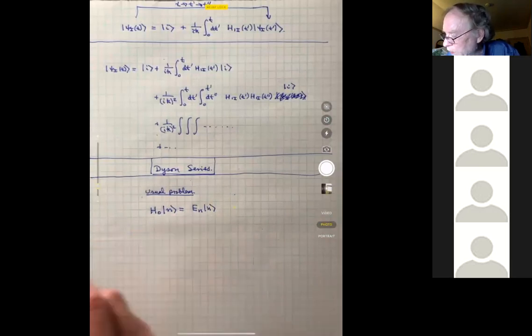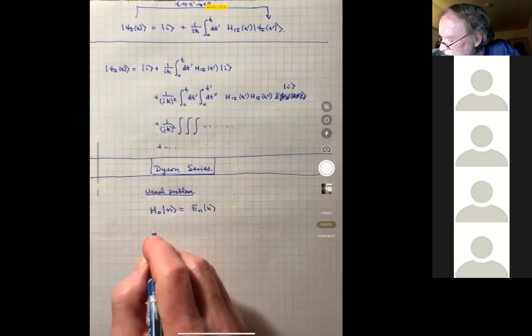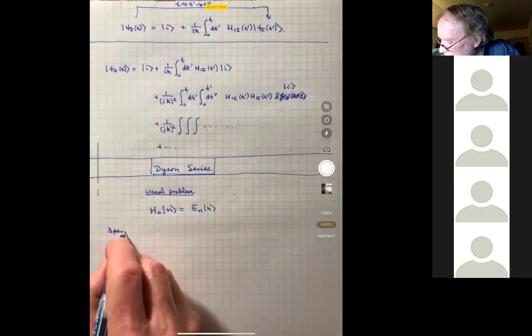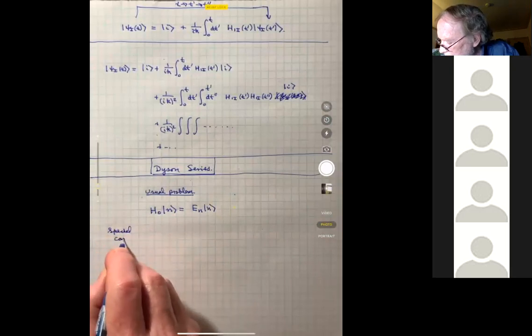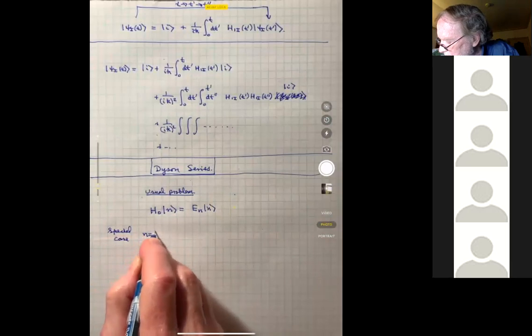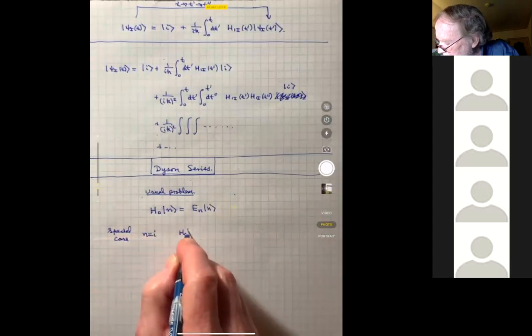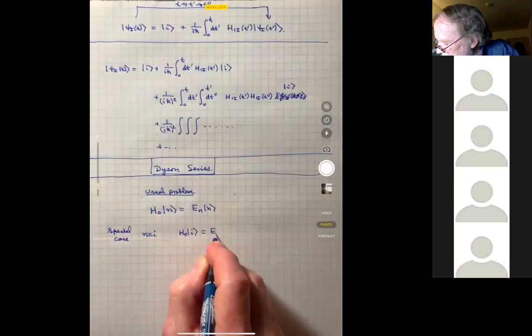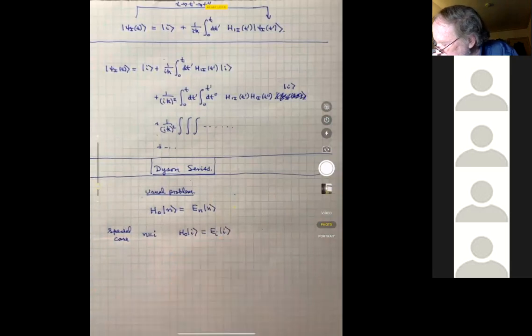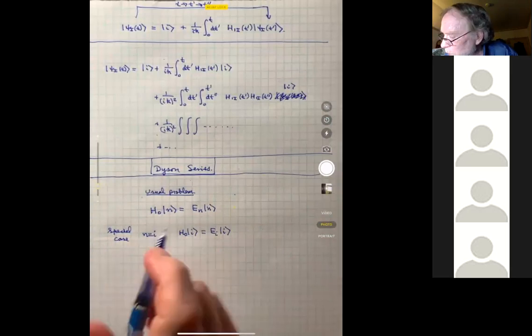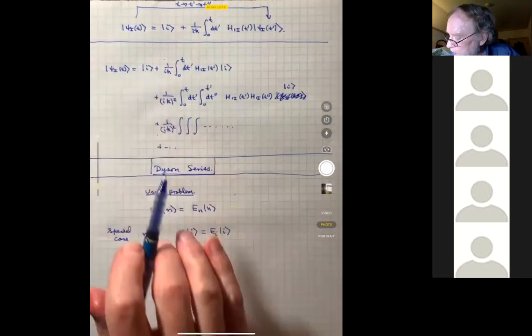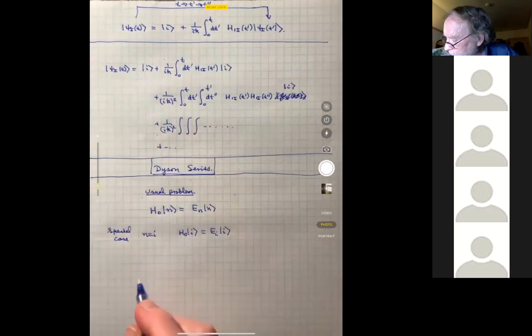This is a general notation for the eigenstates and eigenvalues. As a special case, we'll take n equal to I, the initial state. So H0 acting on the initial state brings out the initial energy E sub I times the initial state. It's just one of the many states. We'll henceforth assume that this I state is an eigenstate of H0.